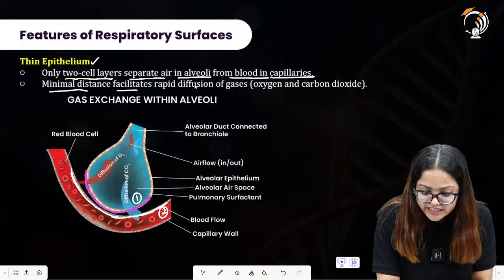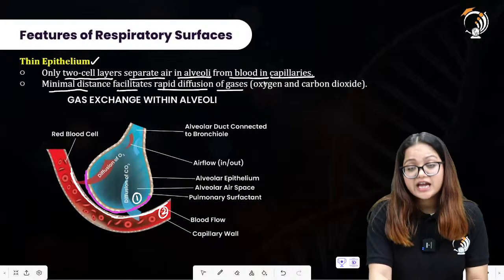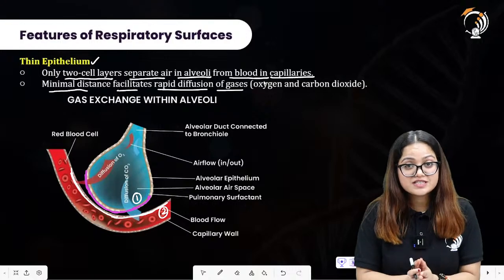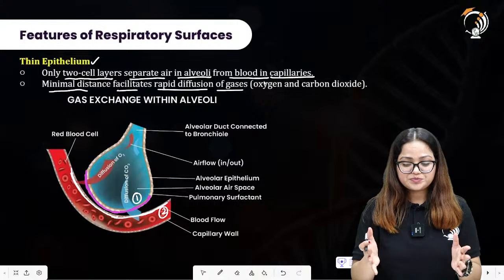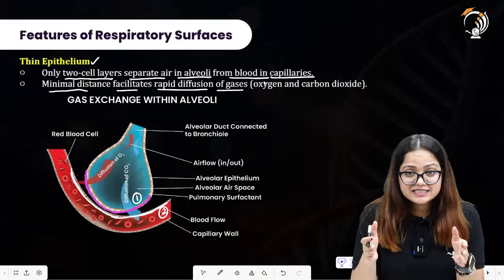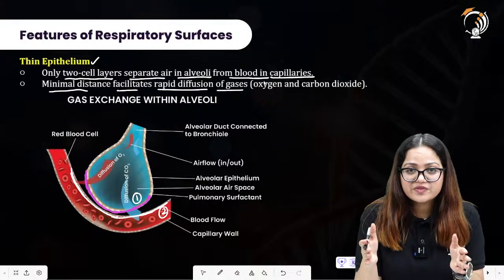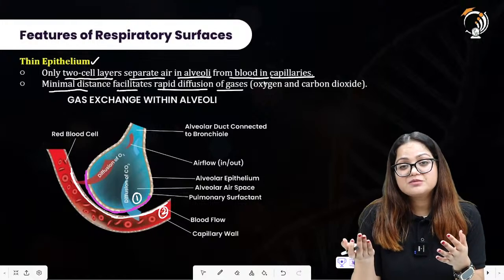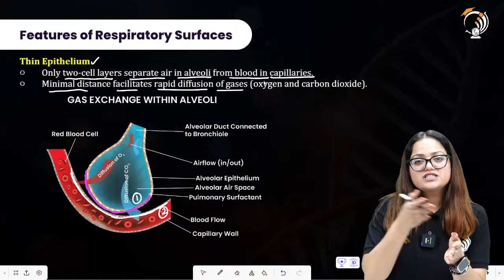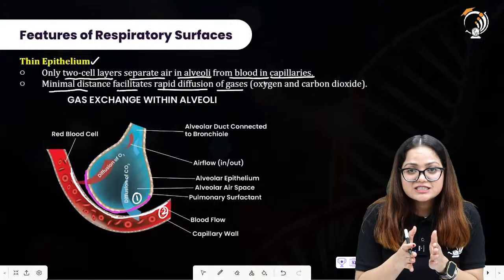Minimal distance facilitates rapid diffusion of gases. And why is it done? Because diffusion is a process in which, if you increase the distance between these two surfaces, it is going to increase the time taken by the gases to travel across them.